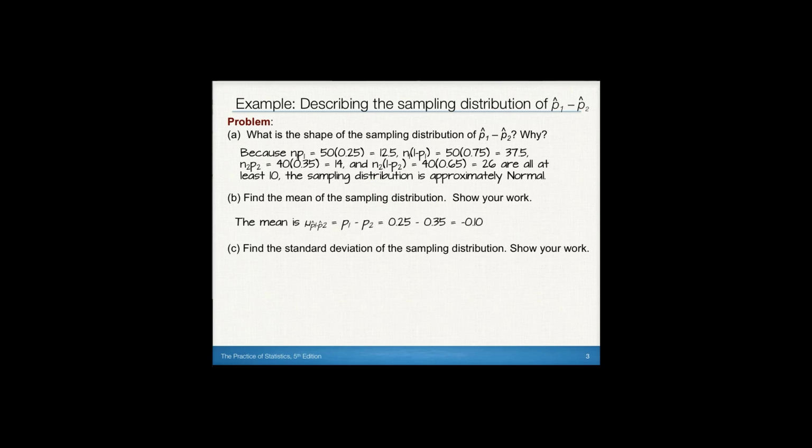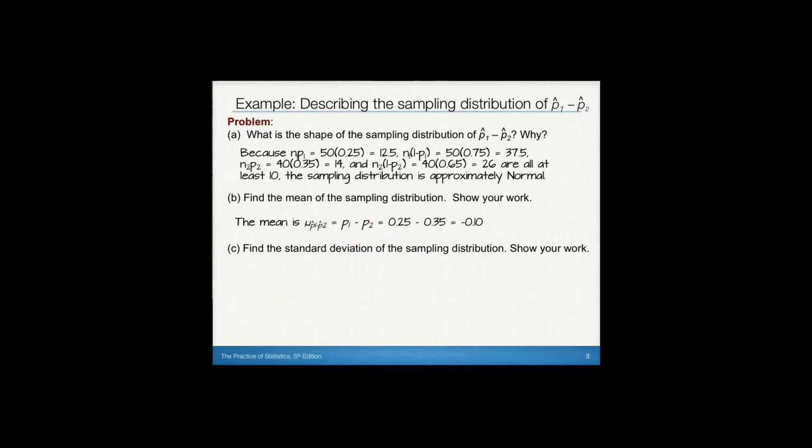Now, to find the mean of the sampling distribution, we use our formula: the mean of p hat 1 minus p hat 2 is simply p1 minus p2, 0.25 minus 0.35, or negative 0.10. So the average difference if we were to take lots of different samples would be negative 0.1 if we were to subtract p hat 1 minus p hat 2.